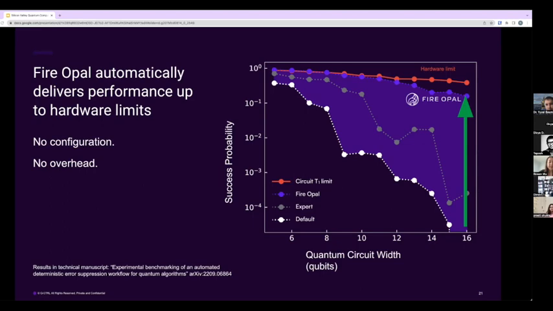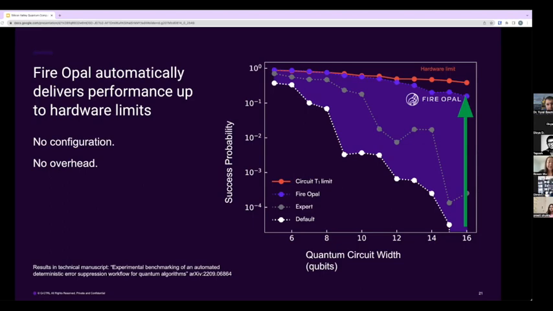FireOpal is able to get you much closer to the T1, T2 thresholds of the actual hardware itself, allowing you to take the utmost advantage of what the quantum hardware has to provide, and actually to execute longer and deeper circuits.